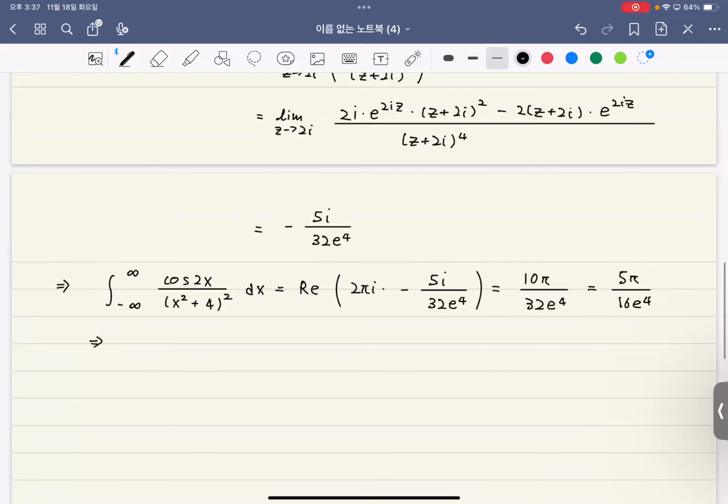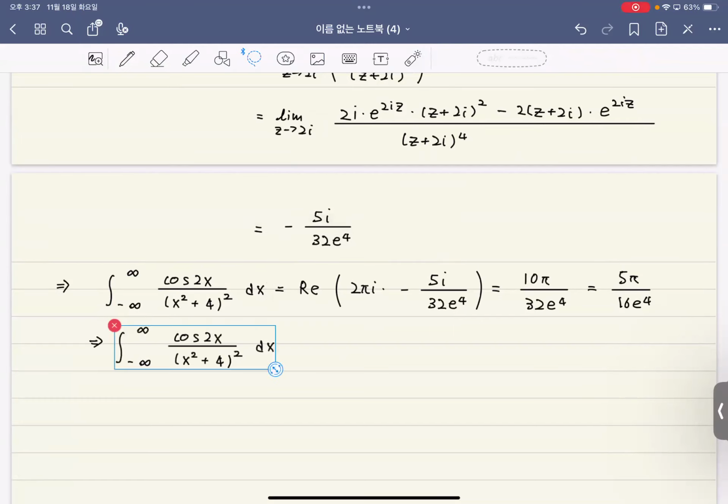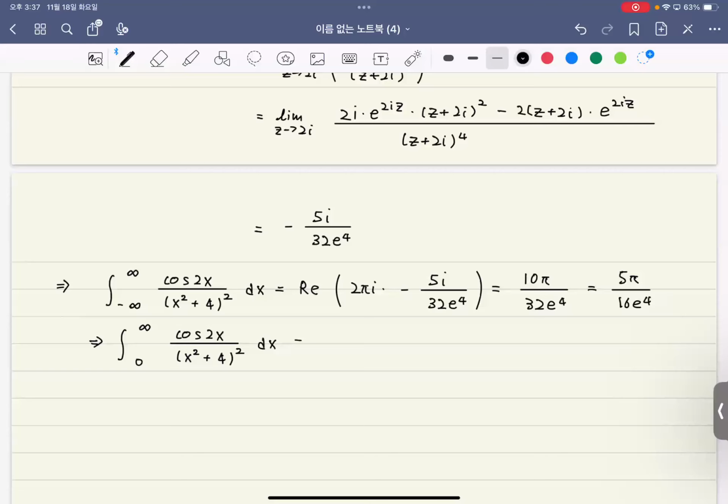So therefore, our answer, from 0 to infinity, is 5 pi over 32 e to the fourth. Okay, great. All right.